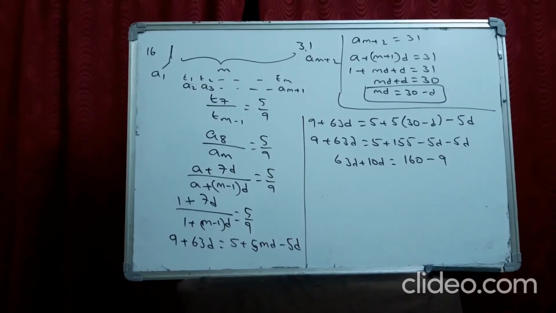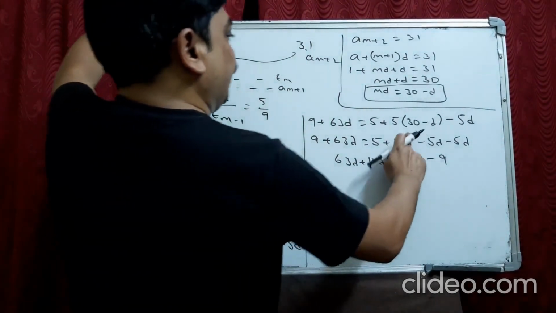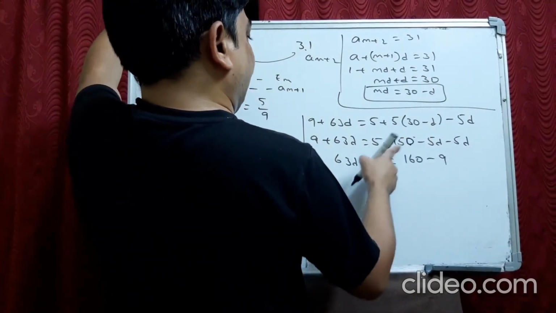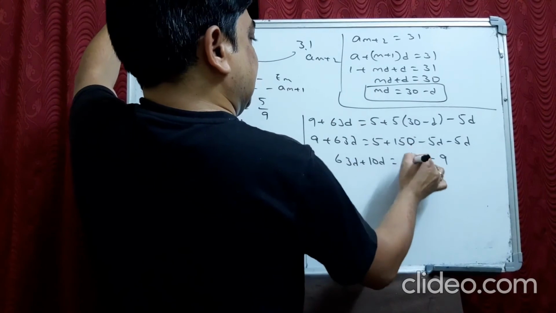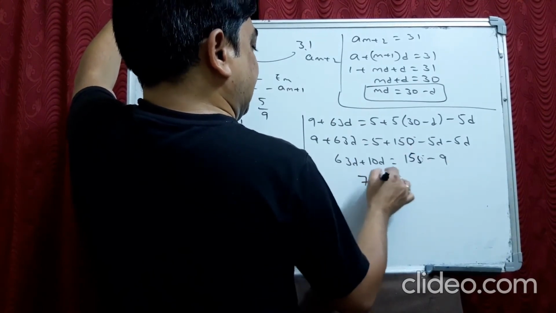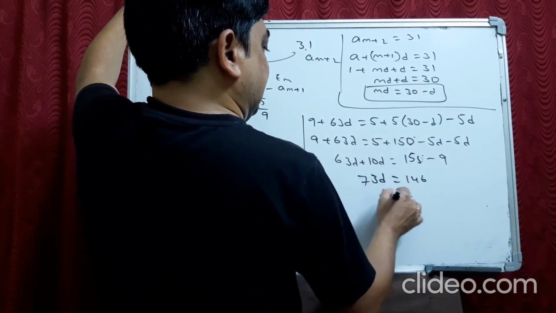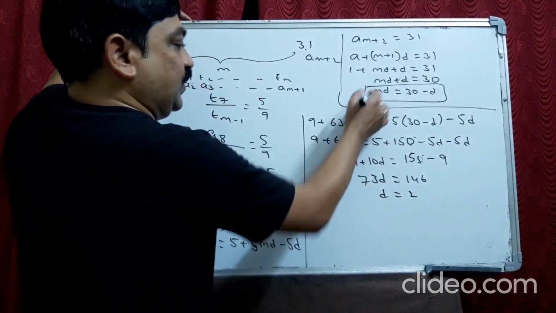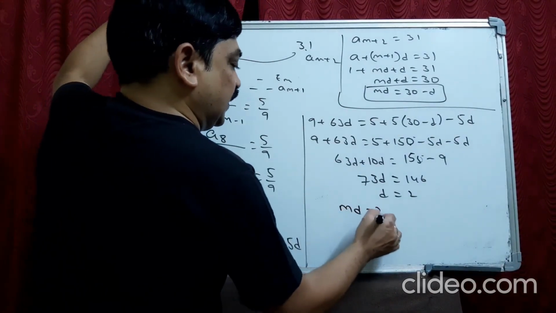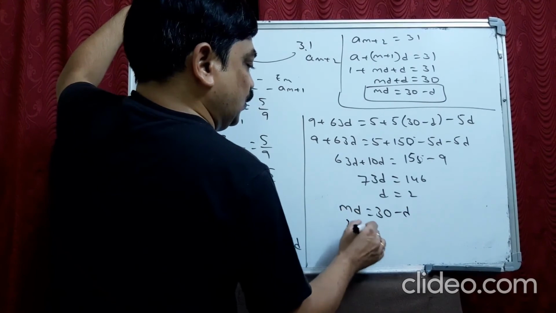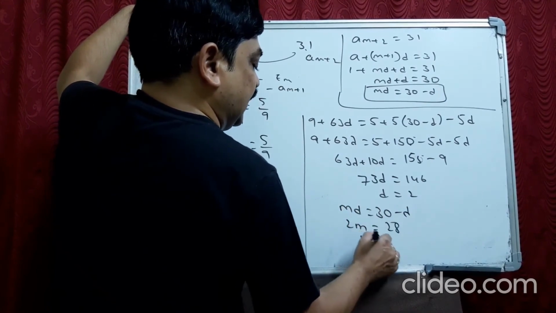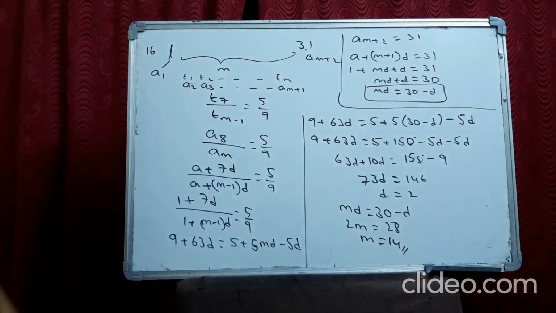Just a minute, somewhere it went wrong, sorry. Yeah, it is 150, I wrote 155. So 155 minus 9, it is 146, 73d is 146, d is 2. After getting d, we take md is equal to 30 minus d. So 2m is 28, m value is 14. Okay?